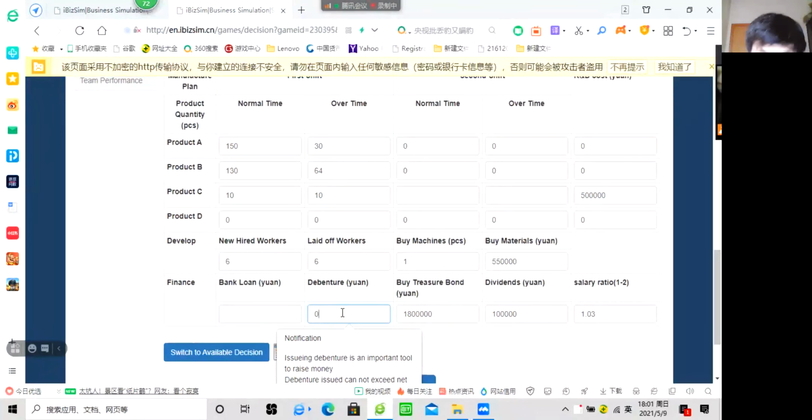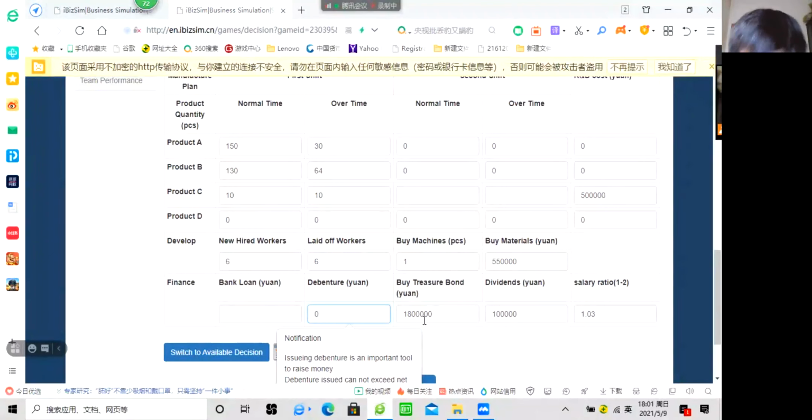We do not use our net assets to buy machines. If you do not put money there, that means you use your own company cash to buy machines. No, no, no. We should use other people to help us operate our company.